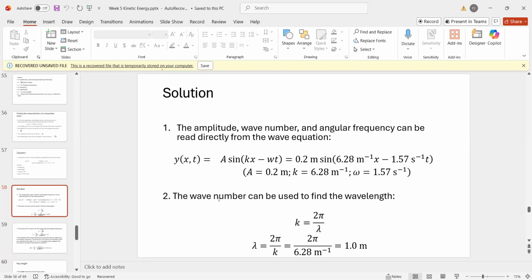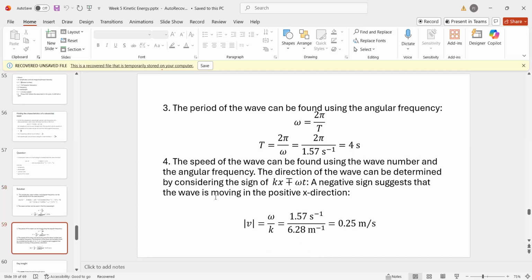Now they want you to find the wavelength. For you to find the wavelength, you use the formula, because you know the k from the equation. You just take 2 pi over the k, and you get the wavelength. For the period, we know omega is 2 pi over the period, so your period is 2 pi over the omega.